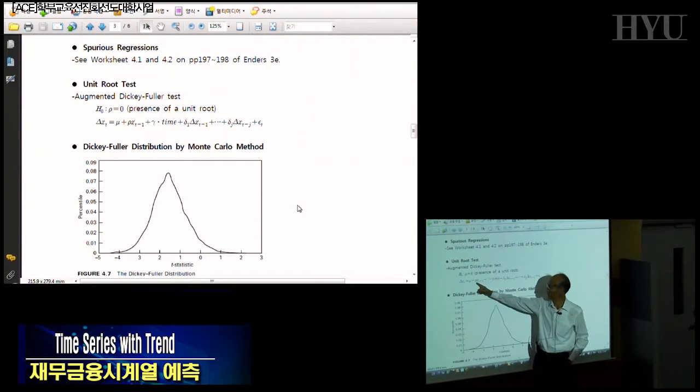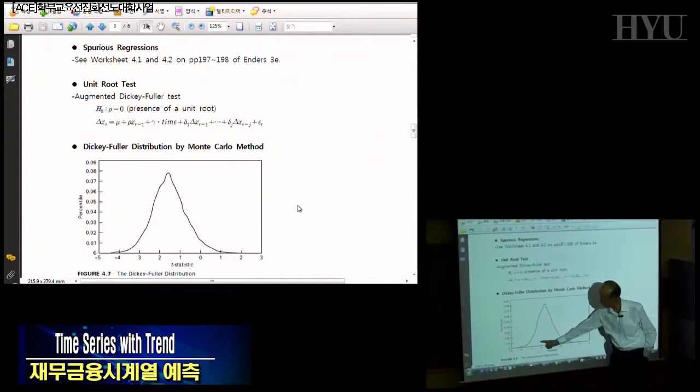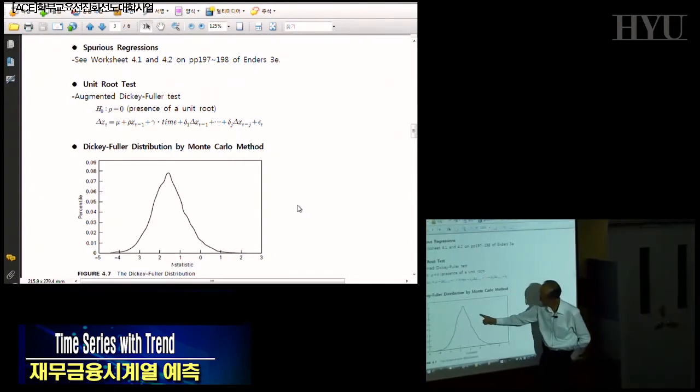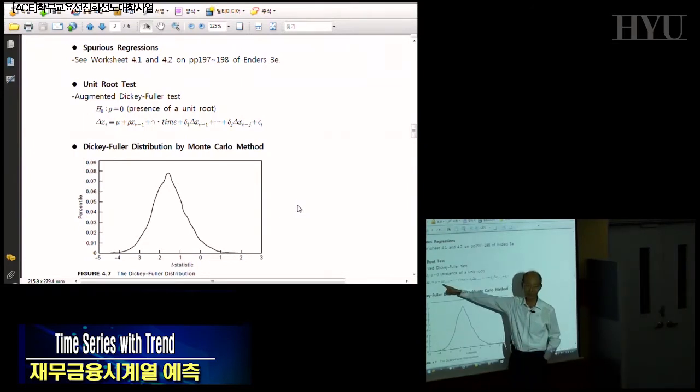So if you calculate a t value corresponding to this estimate of rho, a typical t distribution will look more like this, centered around 0. Suppose the t value turned out to be minus 2, with 0, minus 1, minus 2.